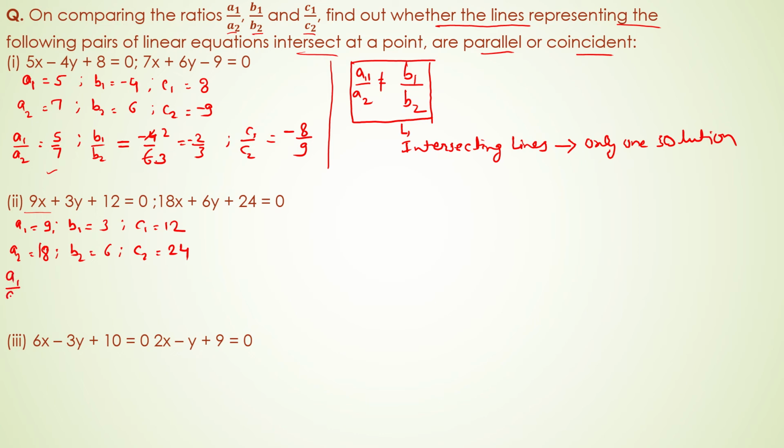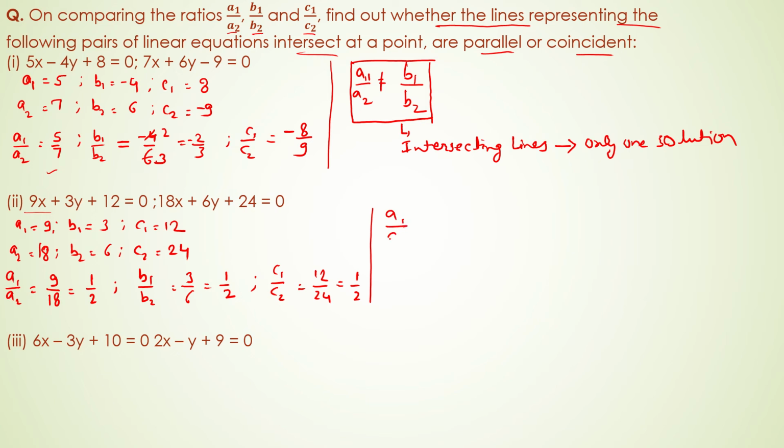Here a1 by a2, that is 9 by 18. On simplification we get 1 by 2. b1 by b2 is 3 by 6. On simplification we get 1 by 2, and c1 by c2, that is 12 by 24, that is again on simplification 1 by 2.